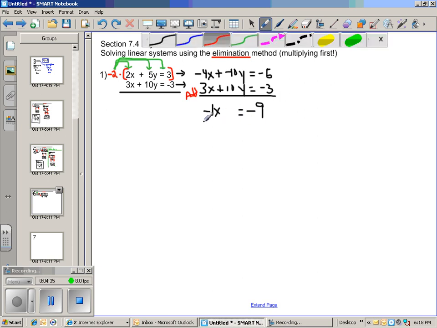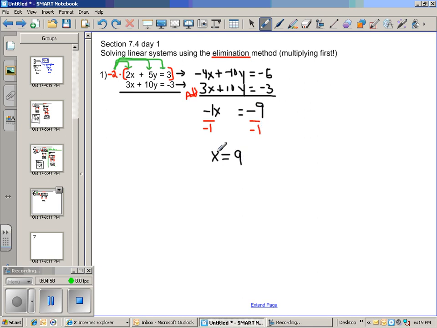And the nice thing is that this process is the same as it has been for the beginning of the elimination method. So negative 1 over negative 1, well, a negative divided by a negative is a positive. That gives me just 1x or x. Negative 9 divided by negative 1 gives me positive 9.